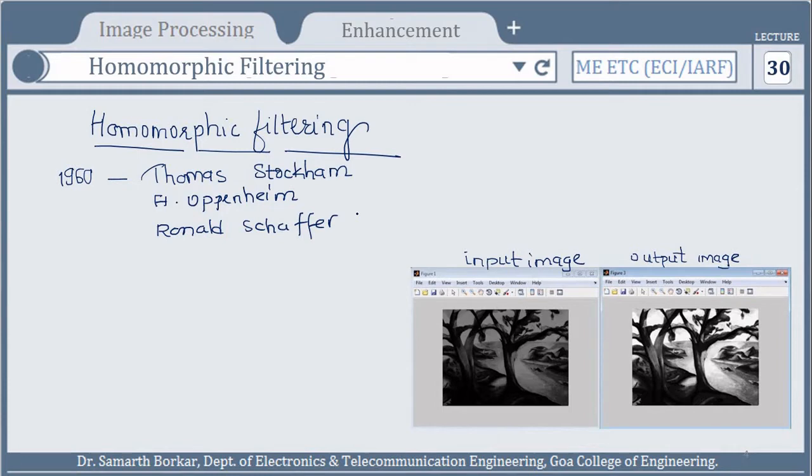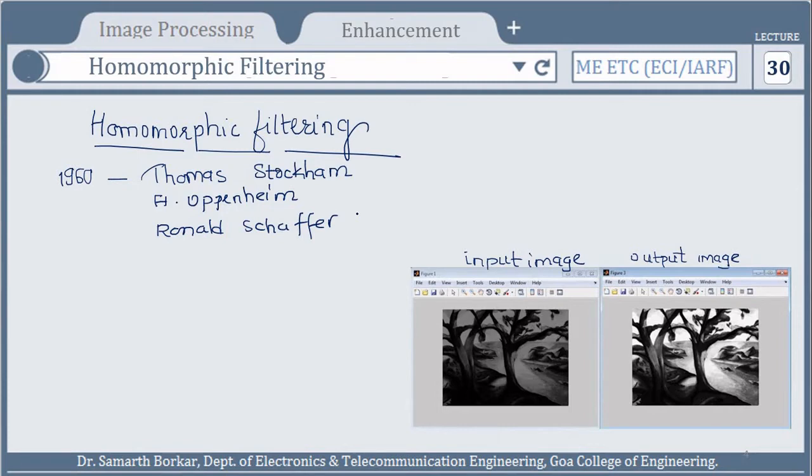The components are made additive by taking the logarithm of the image intensity, so that all these multiplicative components of the image can be separated linearly in the frequency domain. We'll try to understand the meaning of this statement in a short while. Illumination variations can be thought of as multiplicative noise and can be reduced by filtering in the log domain.